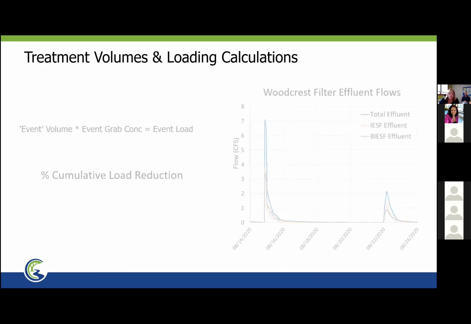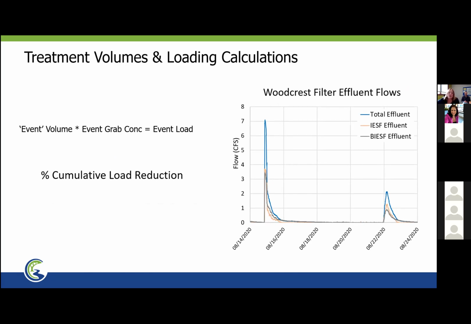This is just concentrations. So I guess on that note, we're talking about it right now. We did turn all these concentrations into loads, masses of pollutants based on our treatment volumes, which Chase alluded to. We have area velocity sensors out and pumping rates. So how we did that is we had the event volume from these sensors.